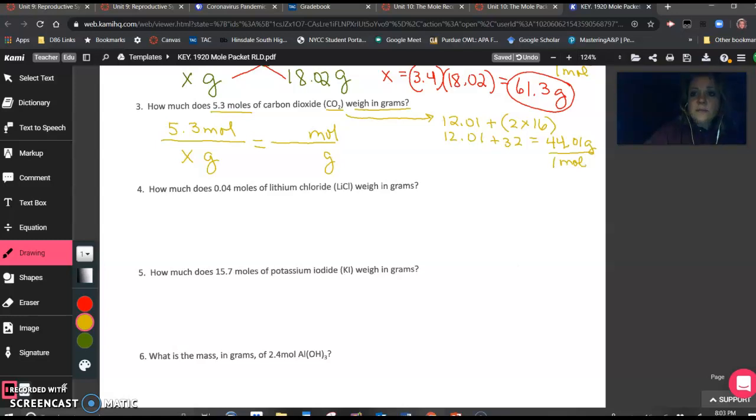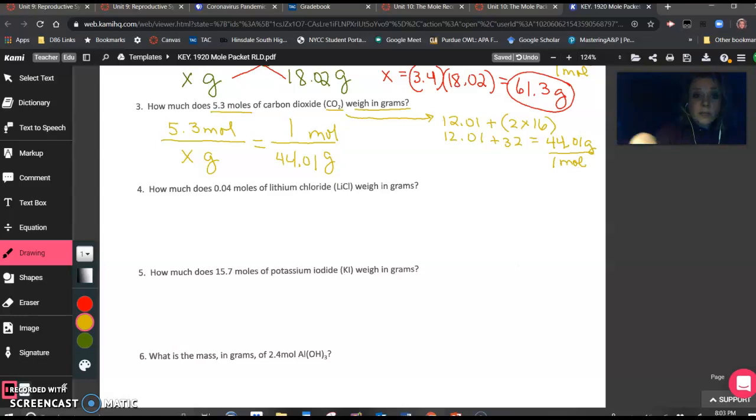So again, I just need to make sure that my 44.01 gets inserted next to the G on my right-hand fraction here. So I'm going to write 44.01, and that's equal to 1 mole.